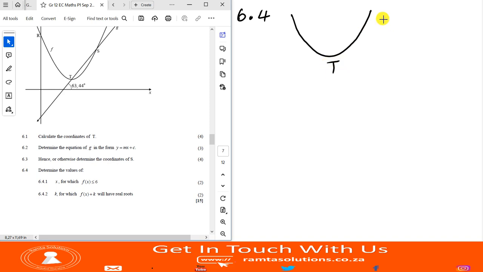This is point T, and this is point S. We know point S, its coordinates were 5 and 6. If you draw a straight line, we need to know what this point is. We know its y value is 6, but what is its x value?